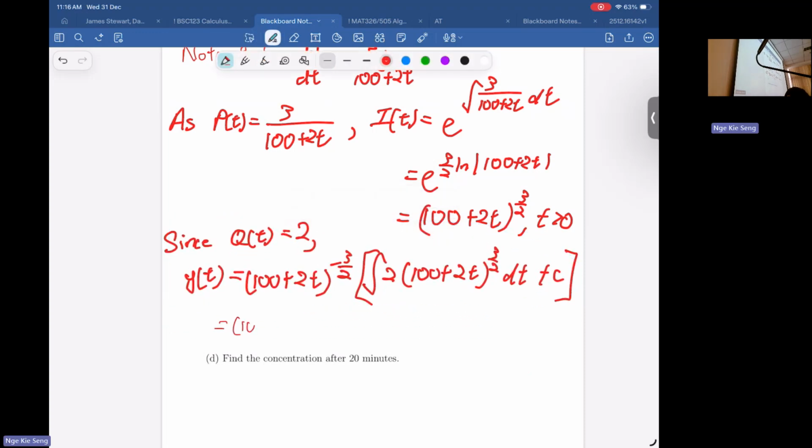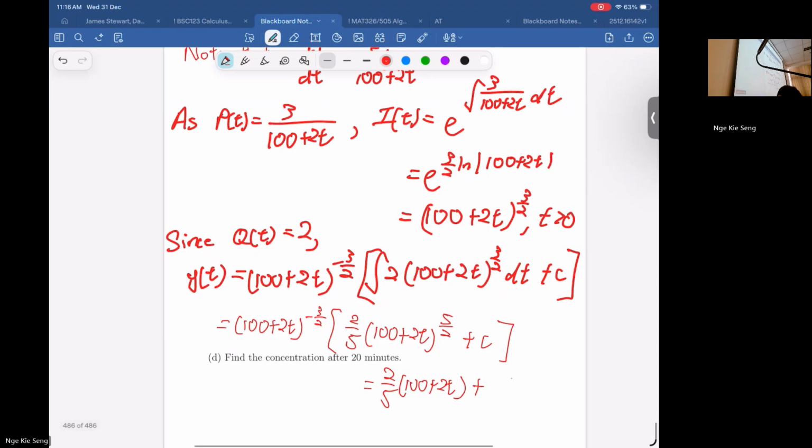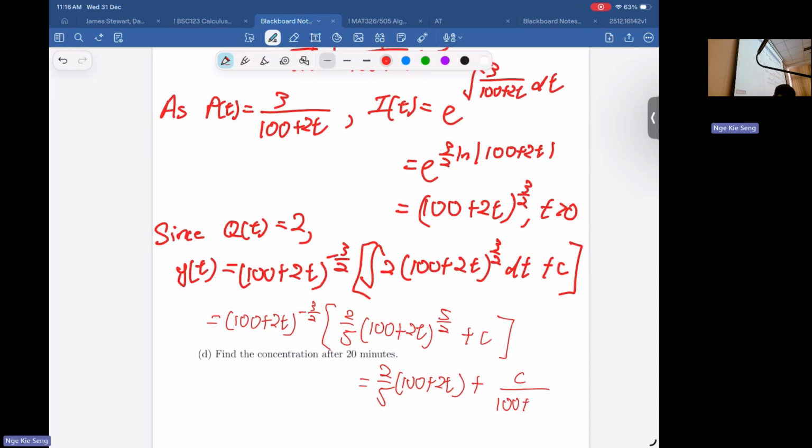You get 100 plus 2t to the power minus 3 over 2, and then you will get 2 over 5, 100 plus 2t to the 5 over 2, plus c. Altogether you get 2 over 5 of 100 plus 2t, plus c over 100 plus 2t to the 3 over 2.